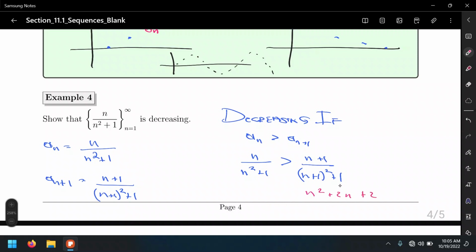Well, this quantity is for sure bigger than n squared plus 1. So that denominator on the right hand side of the inequality should be bigger, and therefore that's going to give us a smaller quantity. All right.